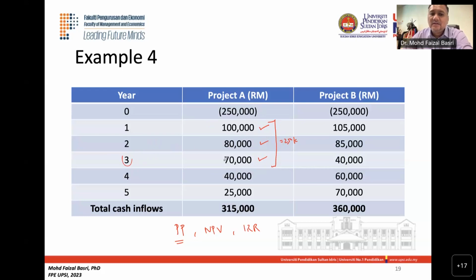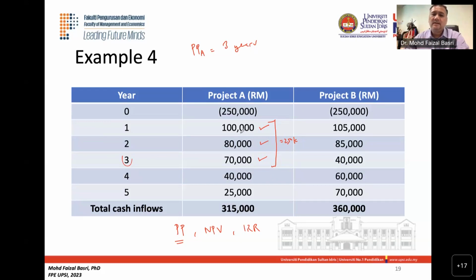So the payback period for project A is basically 3 years. How do I know it's 3 years? Because when you add all three, that indicates that we already recovered the cost. Payback period is basically the time that we need in order to generate back our costs, to cover back the costs.